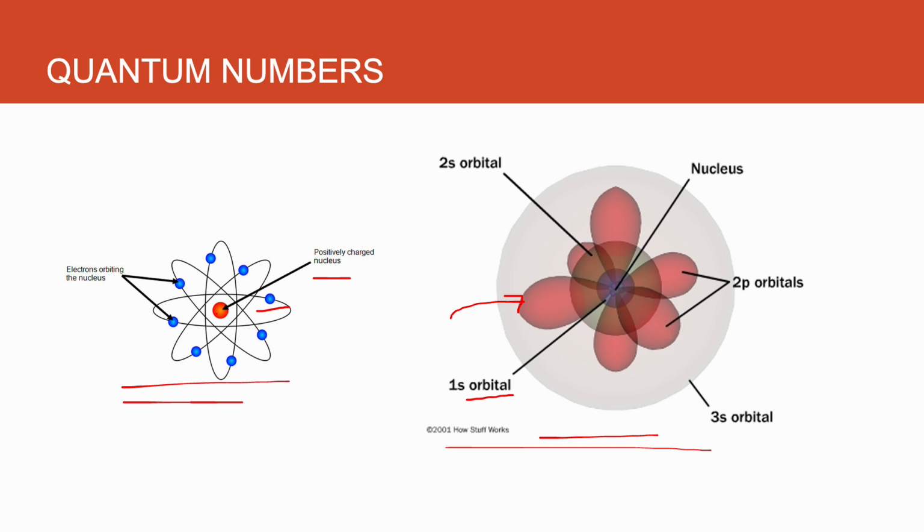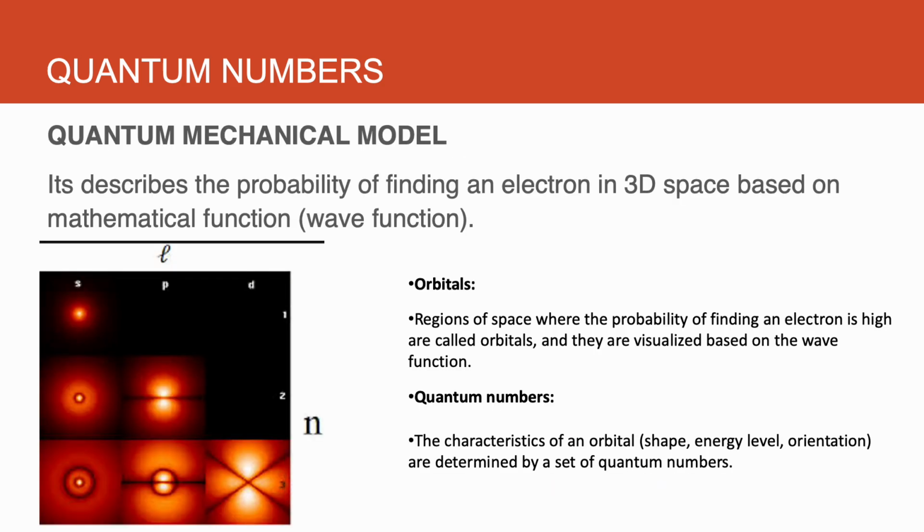S is spherical, so you have spherical loops of electron density, your 2p orbitals, and your nucleus here. When you have many orbitals, they overlap. So you should try to imagine your atomic model similar to this quantum model, in 3D.